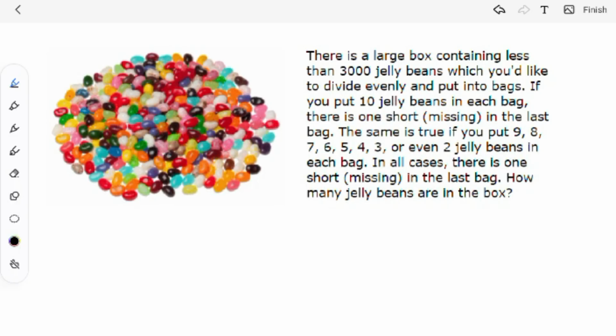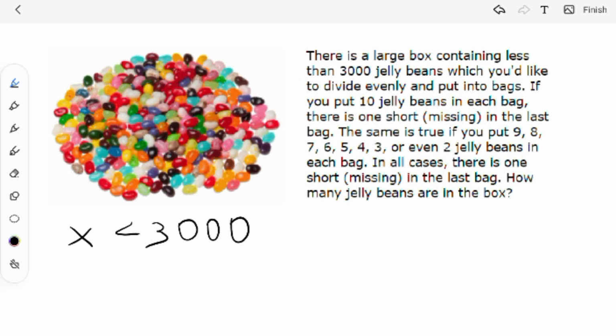So what we can observe is that the number of jelly beans in the box is not a multiple of any of the numbers from 2 up to 10. Because, for example, if x is the number of beans, x is less than 3,000.